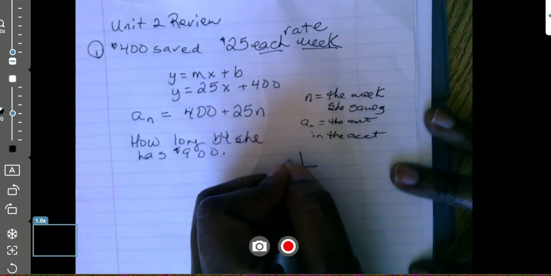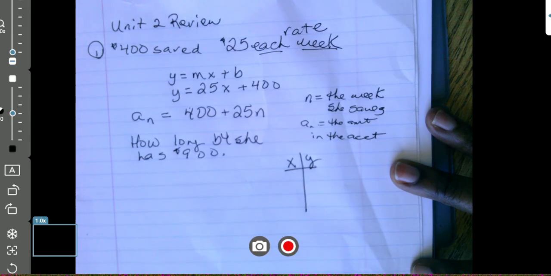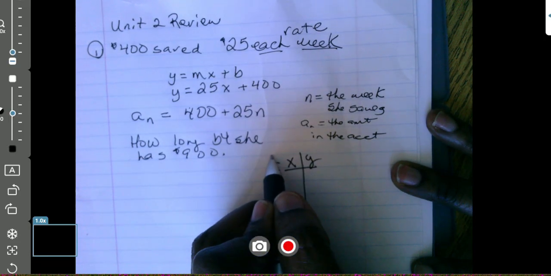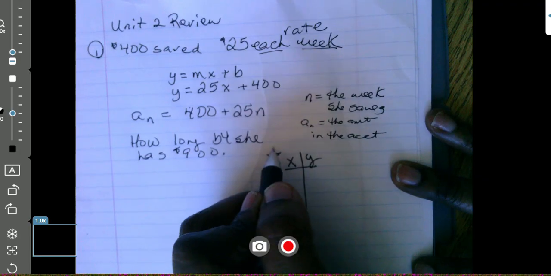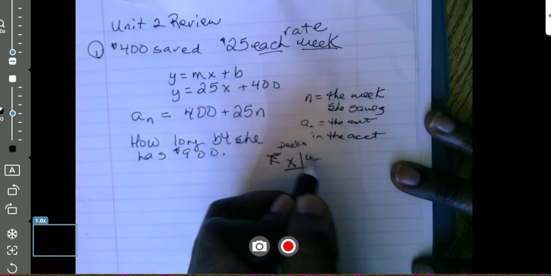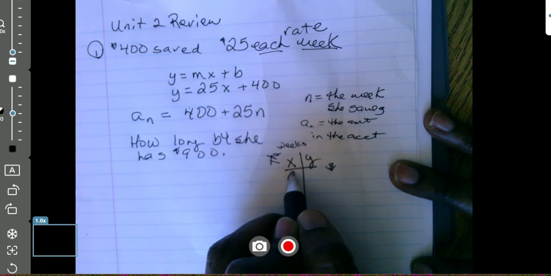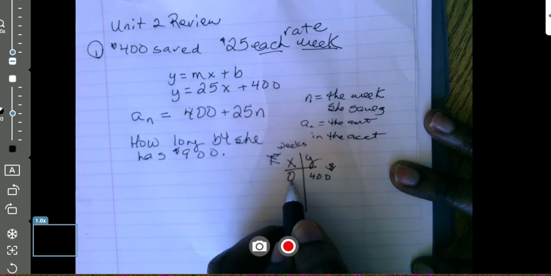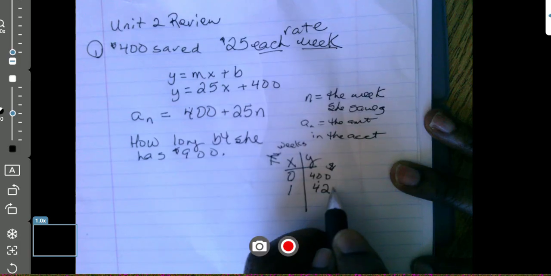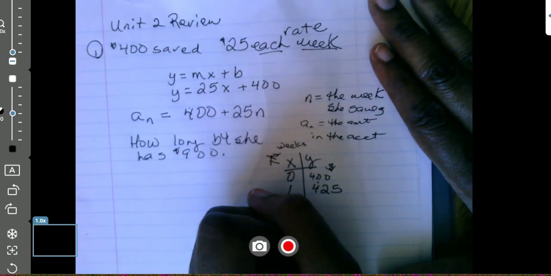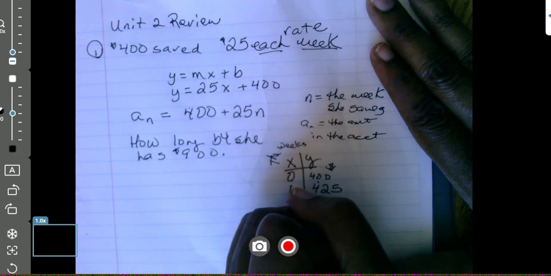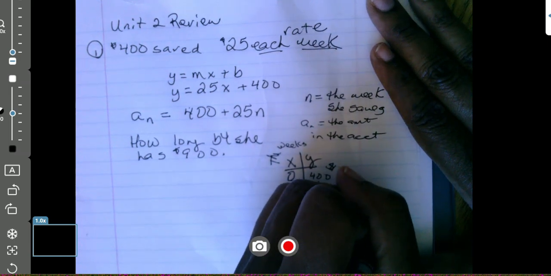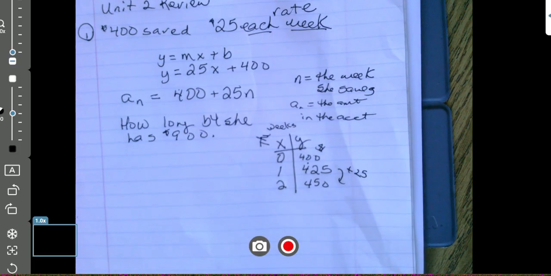All right, so think about this. You want this table, x and y. This is the weeks. This is the money. Initially she had $400. The first week she had $425. The second week she had $450. So we're adding $25 every time. 25 is the common difference also. Keep that in mind.